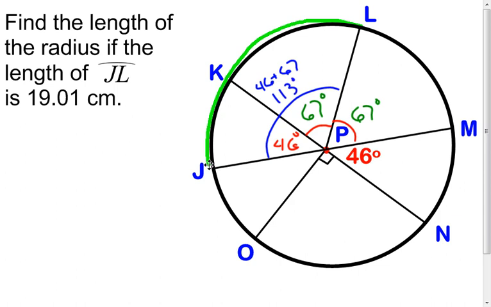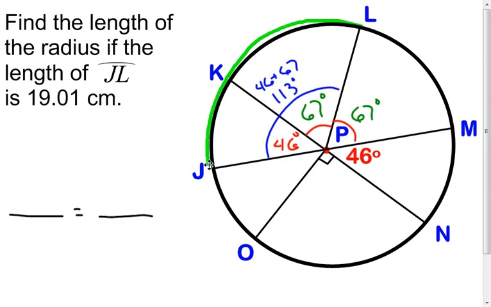So now I know the measure of the arc. I know the length of the arc. The only thing that I don't know is essentially the circumference when I come back to my formula for arc length. And the reason I think arc length formula is because it tells me the length of the arc.